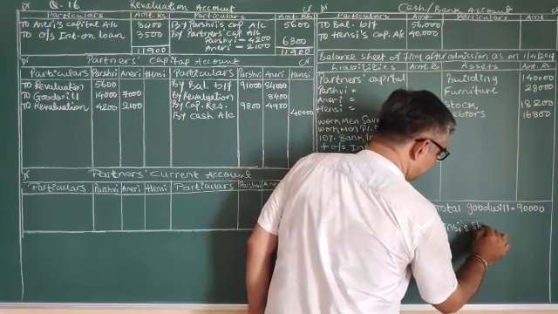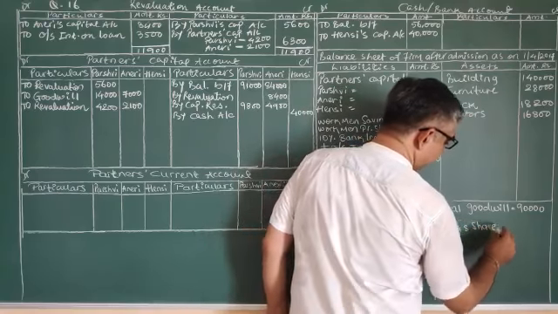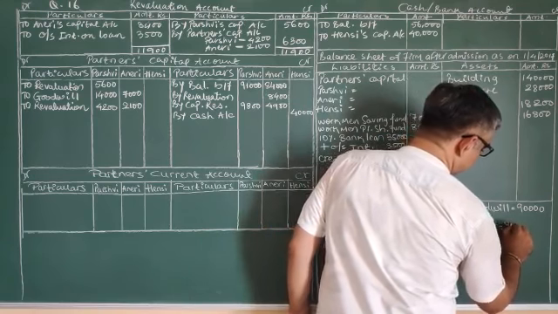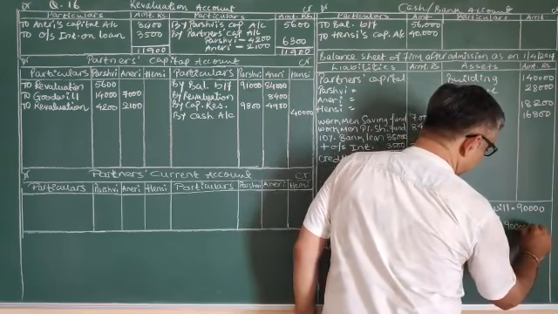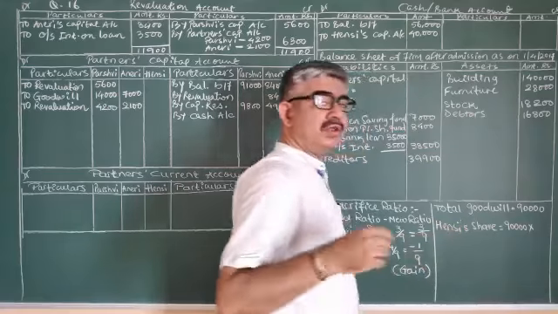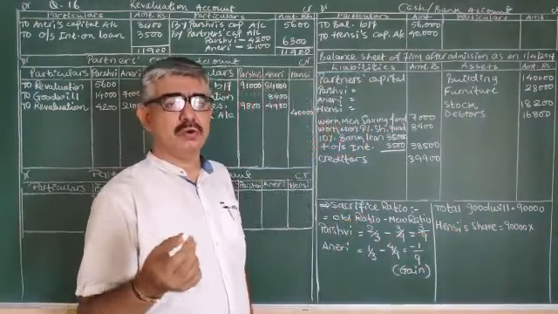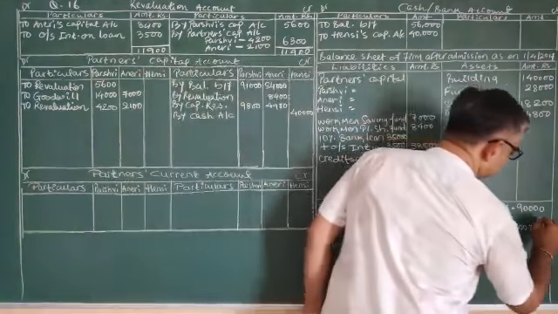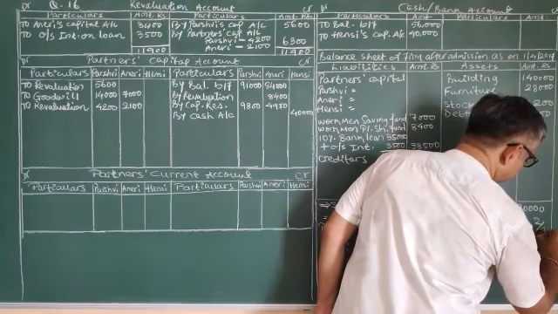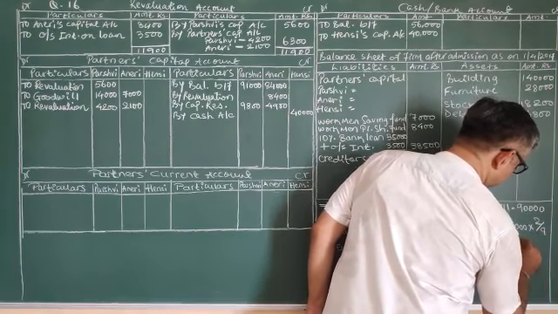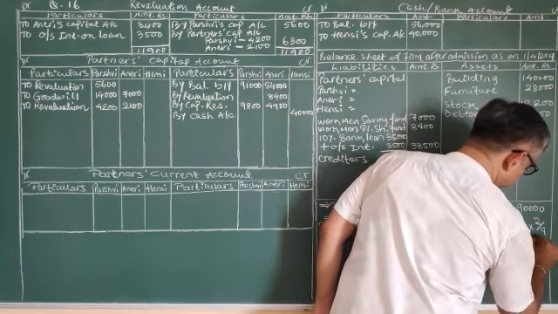Hence's share equals 90,000 into the ratio given, 3:4:2. So 2/9, 20,000.